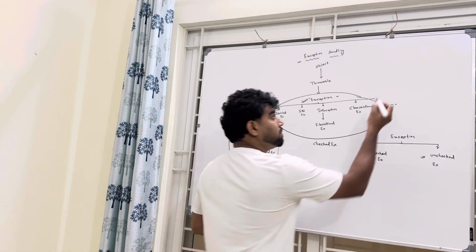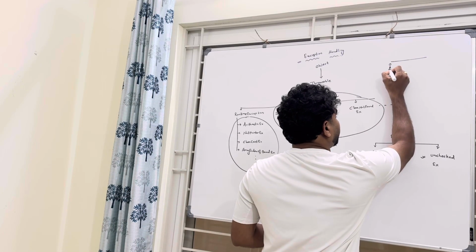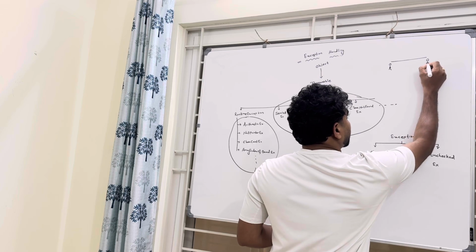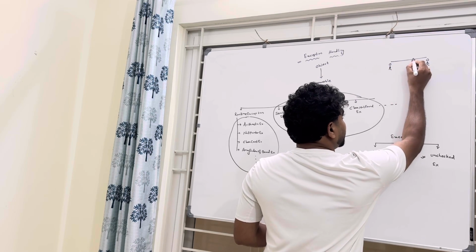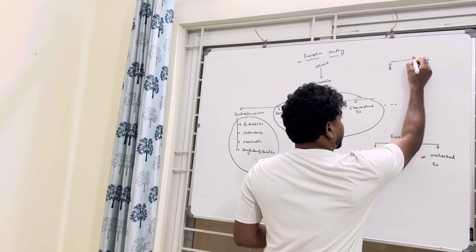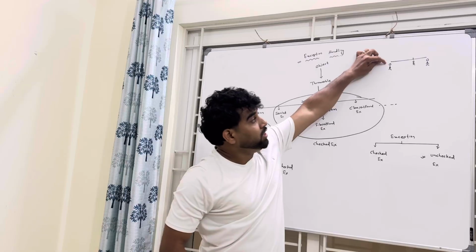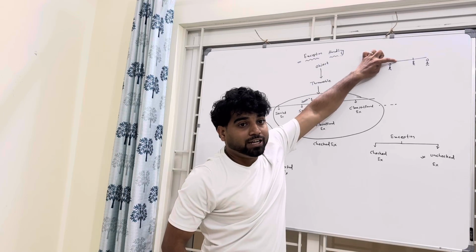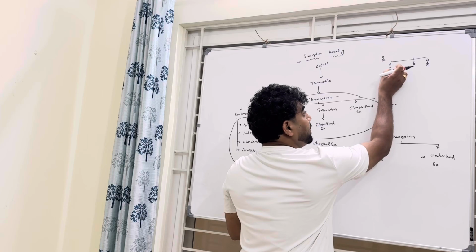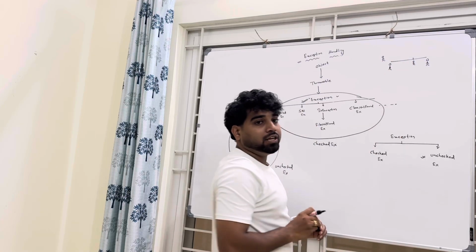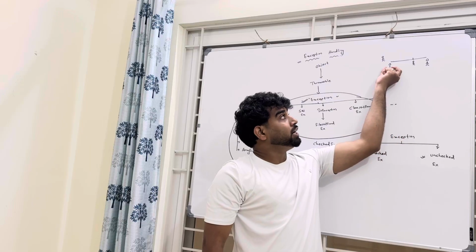See, for example, you are going from your home to office, right? When you are traveling, there is a police officer here. Before traveling itself, your friend will ask, hey, take this helmet so that you will not face any exception at runtime. So who is checking?